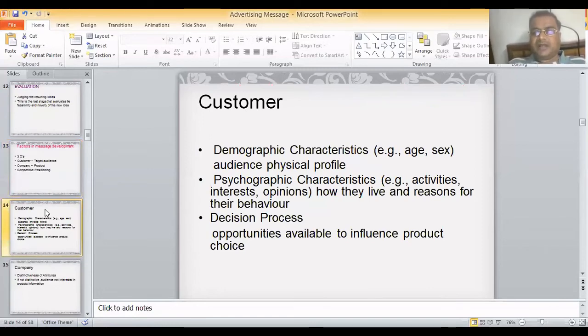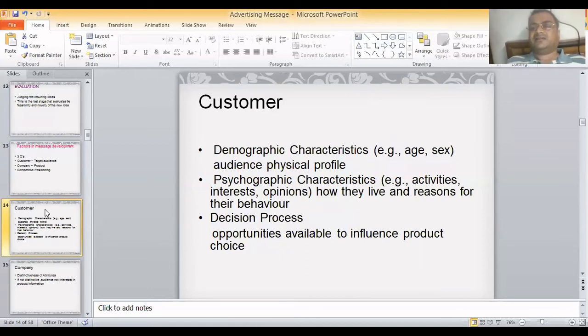So if we look at the first one, which is the customer, there are a few things which we need to keep in mind: the demographic characteristics like the age, sex, region, and all these things, the physical profile. Then the psychographic characteristics.